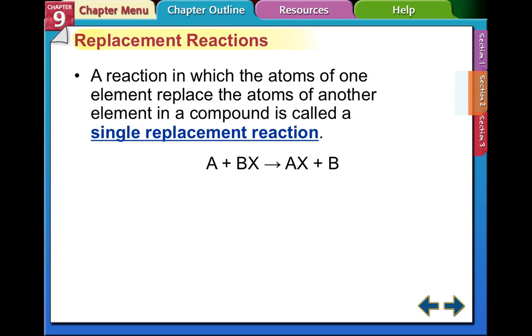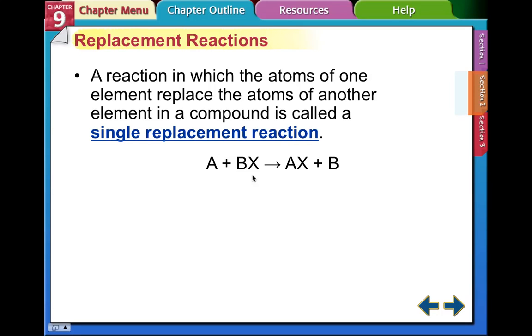And then we go into what they call the replacement reactions. There are 2 types: a single and a double. A replacement reaction is a reaction in which the atoms of one element replace the atoms of another element. When one element changes places, it's called a single replacement.